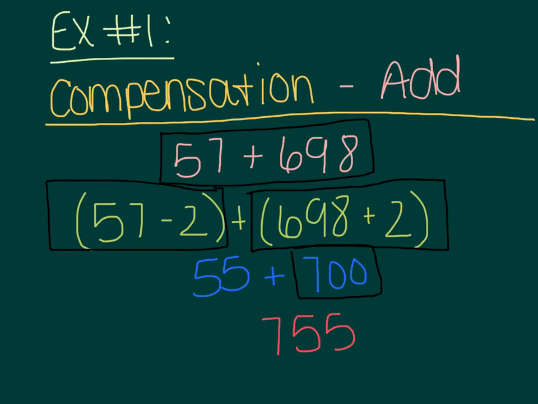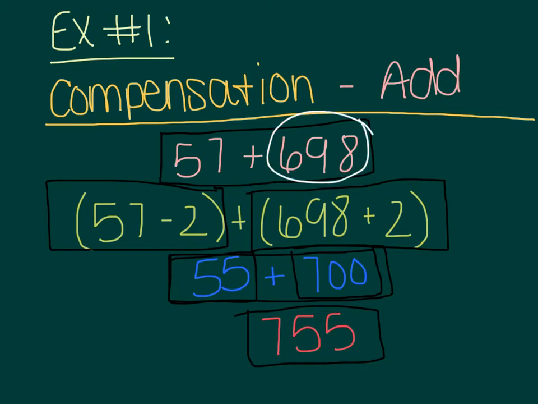So if we do 57 minus 2, we get 55. And then now we can just add those to find our answer. 55 plus 700 is 755.